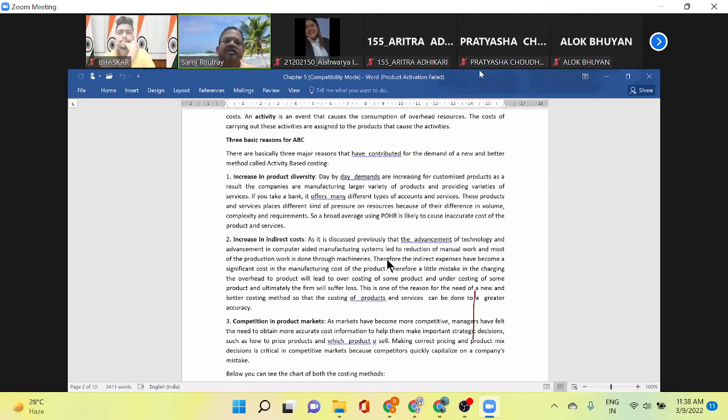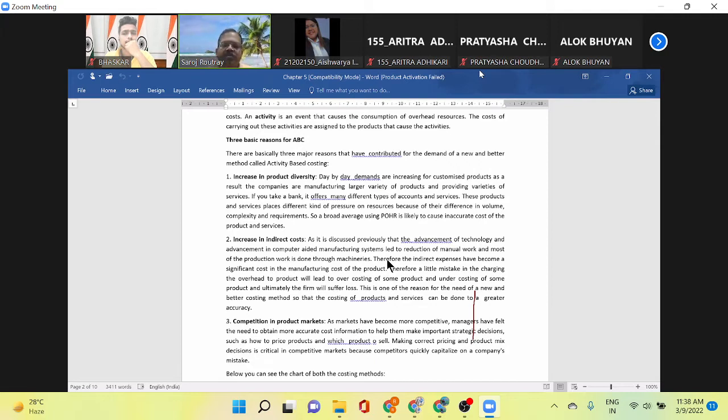It can also happen if our indirect cost is significantly high. If our indirect cost is very high, then also there is a chance that this problem of undercosting and overcosting may occur. And we should also go for activity-based costing if the market is very competitive.